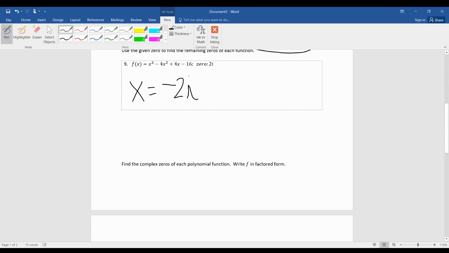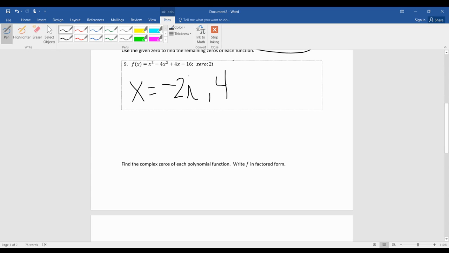How do we find that third one? Well, we know it's going to be factors of 16, but let's plug it into our calculator, y equals x cubed minus 4x squared plus 4x minus 16, and either look at our graph or our table and see where it crosses. And when you do, you see it crosses at 4. So not much work here since they give you one of the complex zeros. We know our 3 zeros.